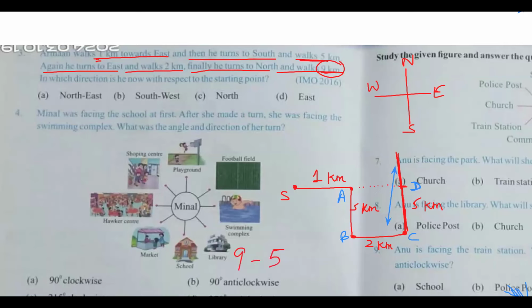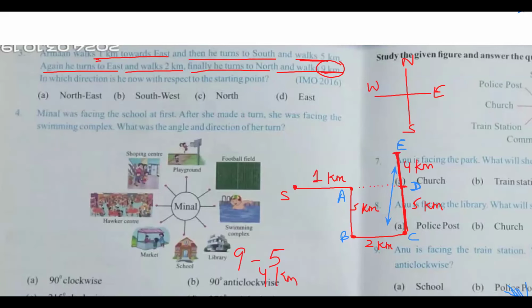Out of 9 kilometers, 5 kilometers he has traveled and reached till point D. But total he is walking 9 kilometers towards north. That means 9 minus 5, which is 4 kilometers. So from D point he will walk 4 more kilometers towards the north direction. And he'll reach at this point. Let us name this point as E point.